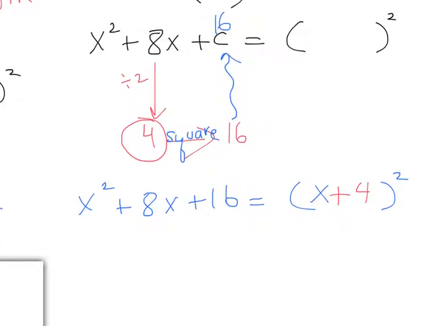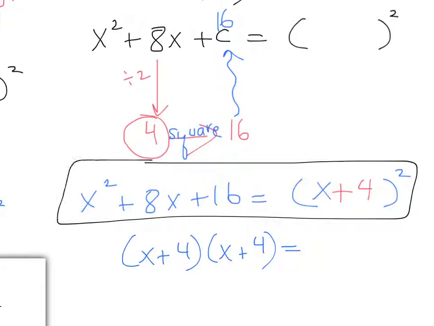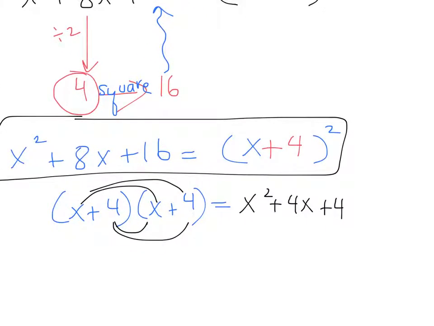So if you try to FOIL x plus 4 and multiply it by itself, like x plus 4 to the power 2, means x plus 4 times x plus 4. If you try to FOIL it to check if your answer is right, you're going to end up with x squared plus 4x plus 4x plus 16, which is x squared plus 8x plus 16.